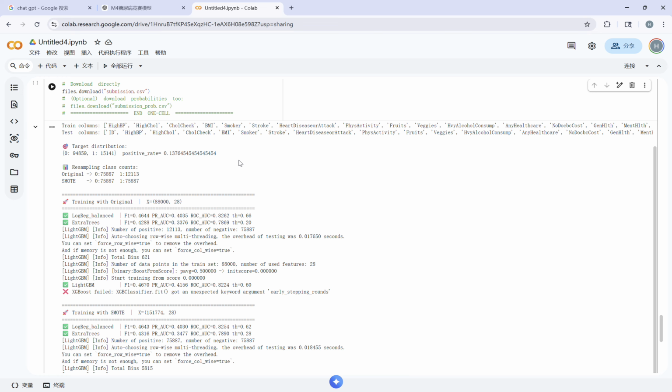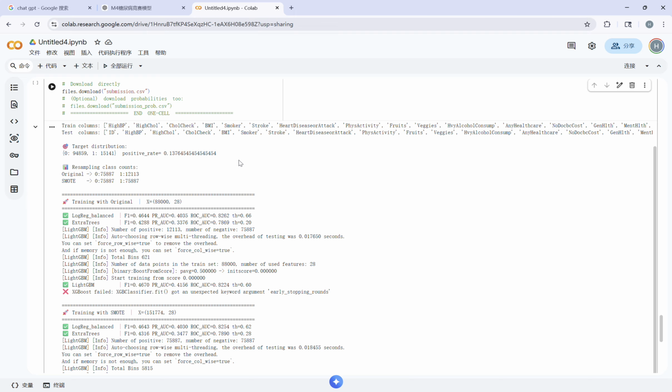For example, we include interaction-style features such as BMI times age, combined with health indicators that compress multiple related variables into a single risk pattern input. The goal here is not to overcomplicate the dataset, but to give the model a clear signal for common risk structures.